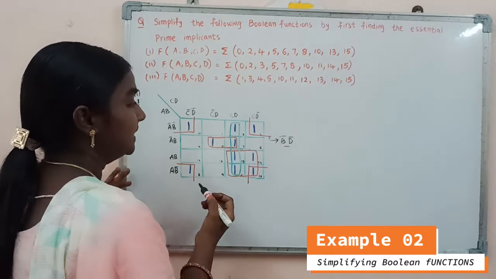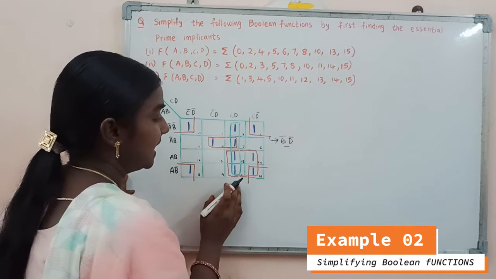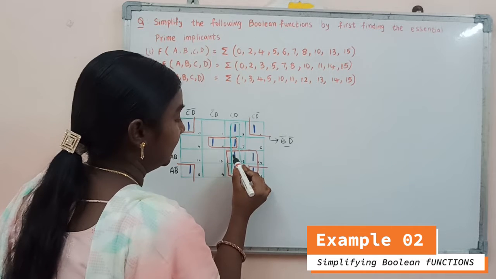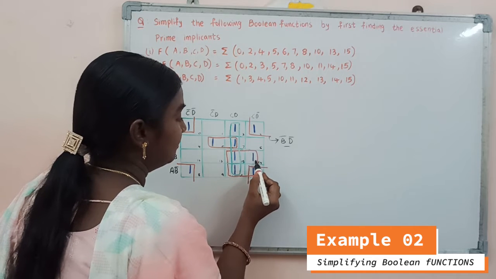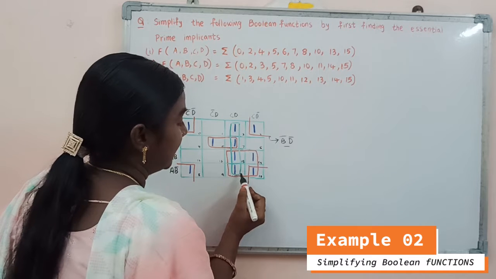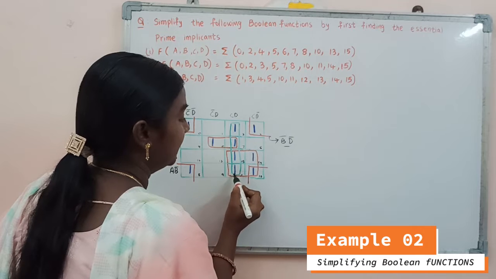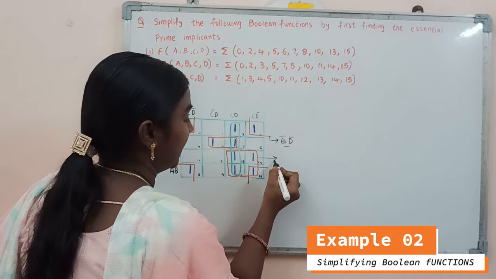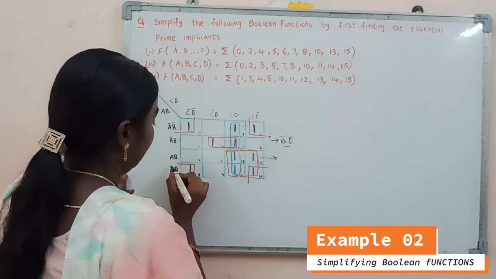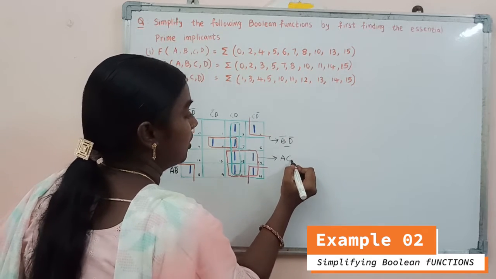Now if we consider another prime implicant, by combining adjacent ones M14, M15, M10 and M11, with these 4 ones we can make a group here. The prime implicant can be A, which is common, and C, which is common.